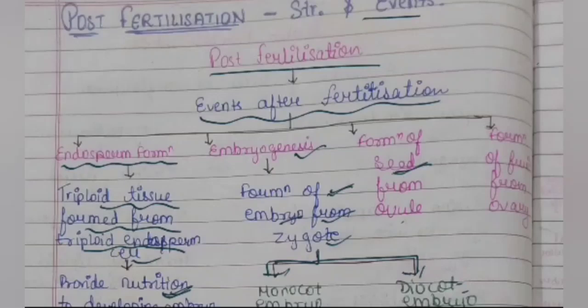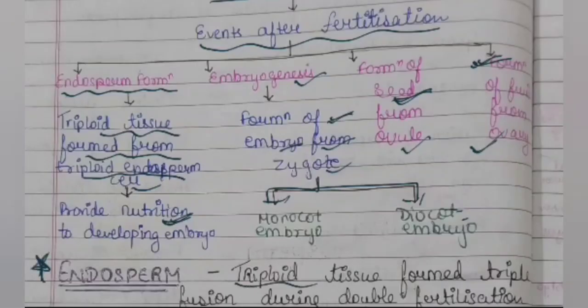After that, seed is formed from ovule, and then fruit is formed from ovary. So a key point here is that endosperm is a triploid tissue formed by the process of triple fusion during double fertilization.